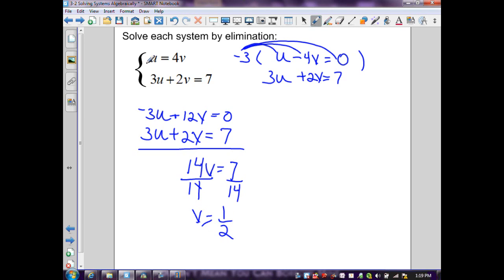I think probably the easiest is the top one. U equals 4v. For v I'll substitute 1/2 in for that value. Therefore, u is equal to 4 times 1 is 4, divided by 2 is 2. So the solution is 2, 1/2.